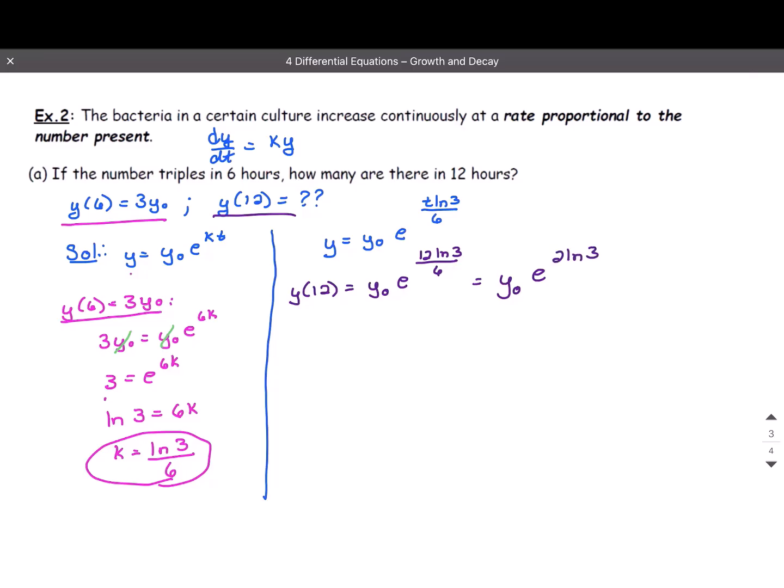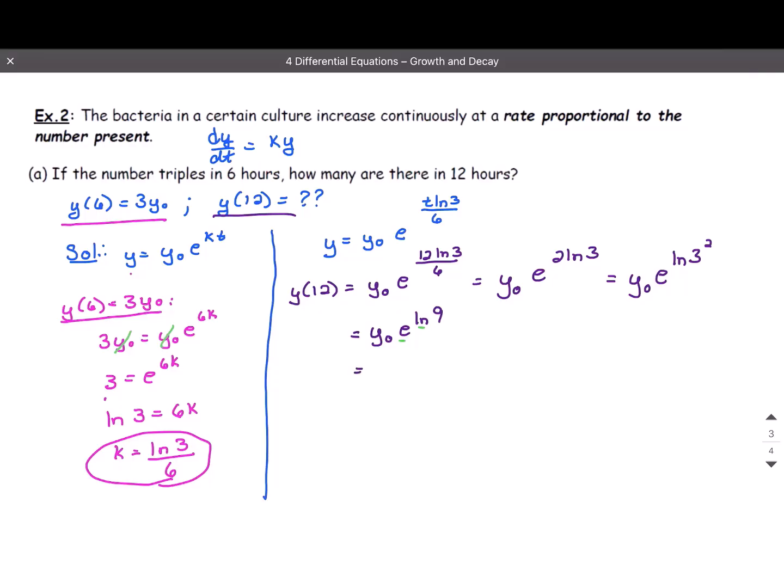Now I need to simplify that exponent. So it's y naught e to the, remember, if you have a number in front of a natural log, it used to be the exponent. So this is really y naught e to the natural log of 9. And remember also that the exponentials and the logs are inverse functions.